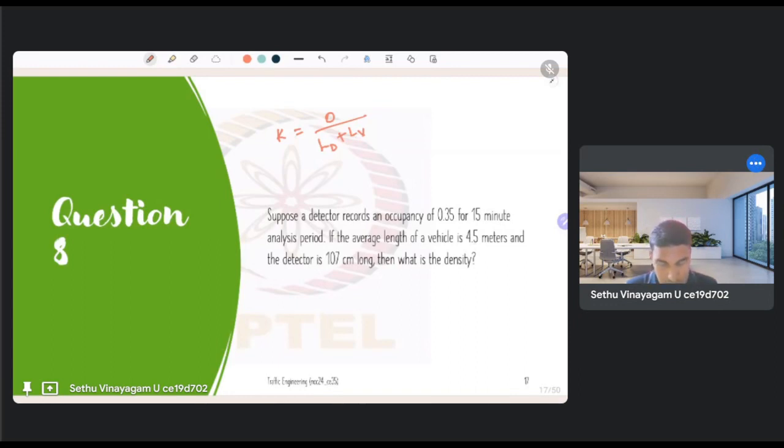So here we know all this information. So O, occupancy, is 0.35. This is our LD. This is our LV, length of the vehicle. They are in different units, so let's bring them all into one unit, into meters. So LD would be equal to 1.07 meters, right?